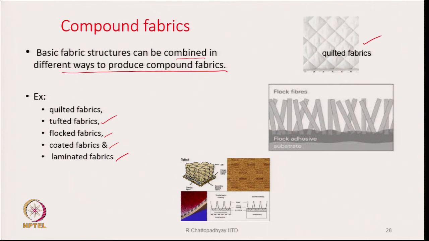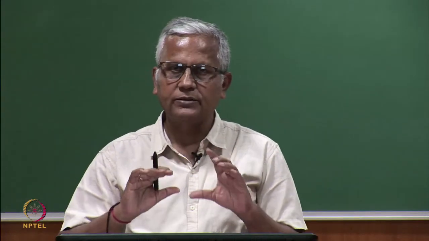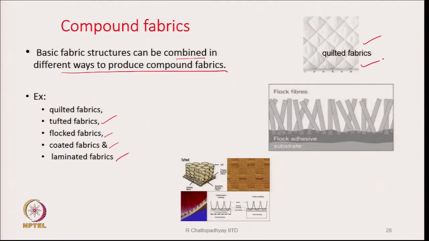There are two sheets, and in between the sheets you have lot of fibers, loose fibers which are there, and then we stitch them and produce what is quilted fabrics.